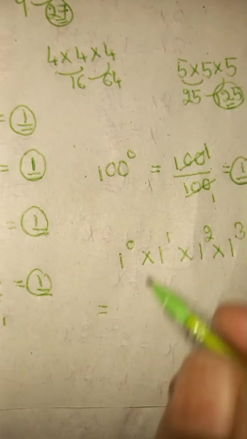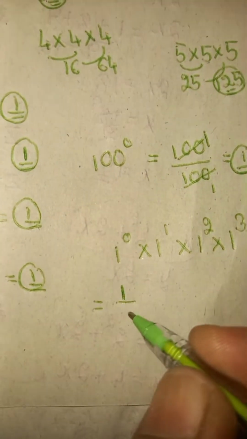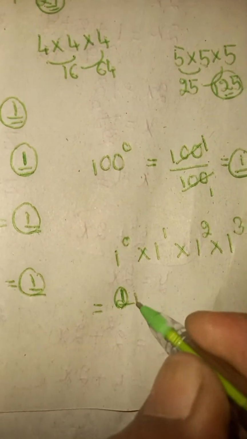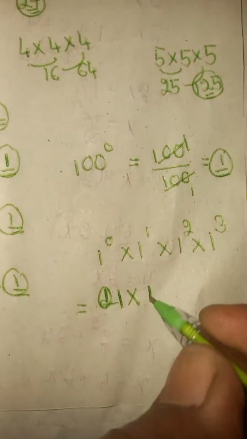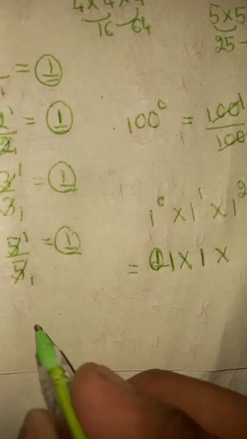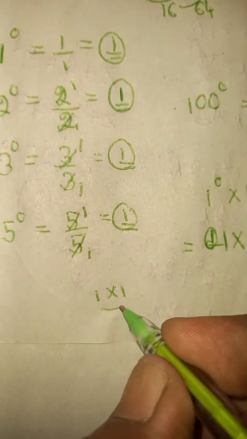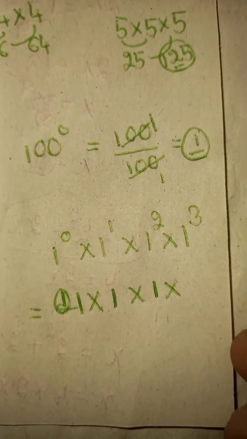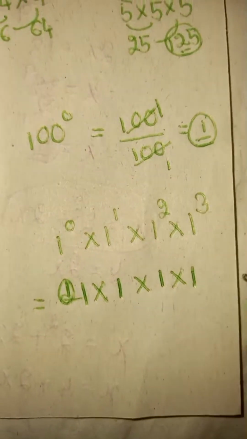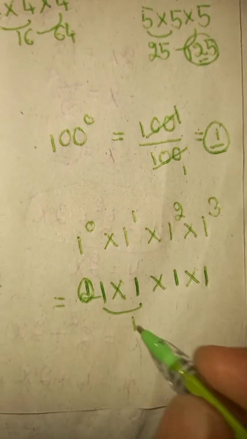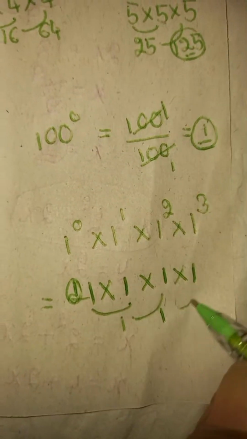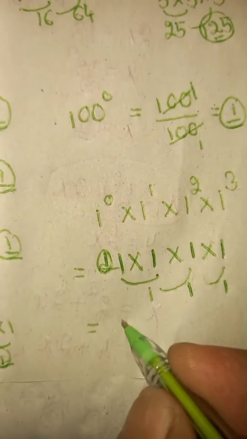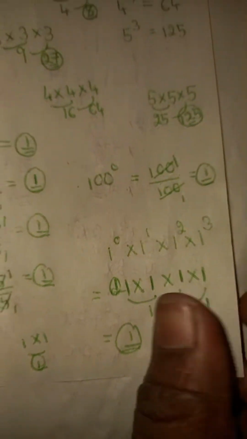Here 1 power of 0 means 1 by 1, which remains 1, and 1 power of 1 also remains 1. 1 square is 1 times 1, which also remains 1. 1 cube is 1 times 1 times 1, which also remains 1. This is completely equal to 1.